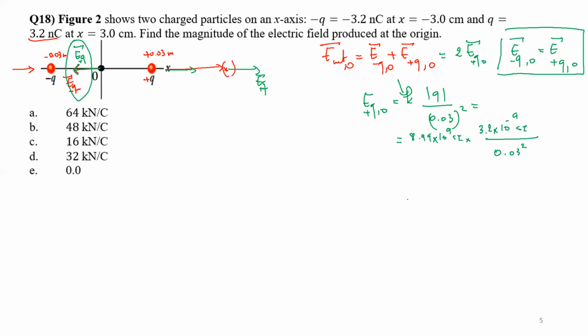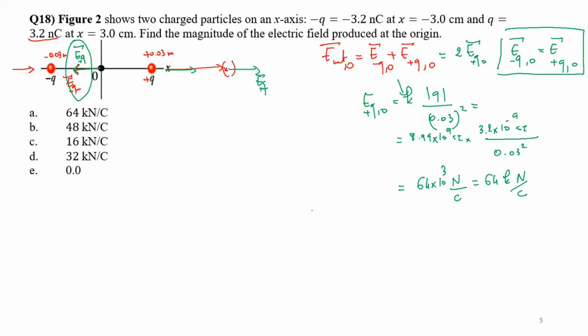When you do that, you find that the magnitude will be 64 times 10 to the power 3 newton per coulomb. So this gives you 64 kilonewton per coulomb. Okay, and that's the magnitude.